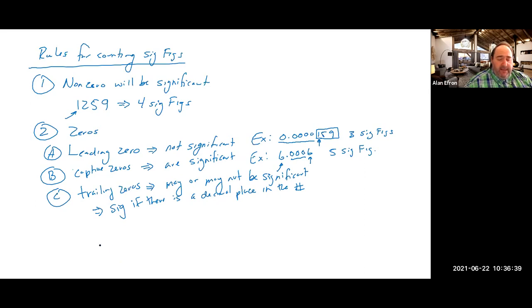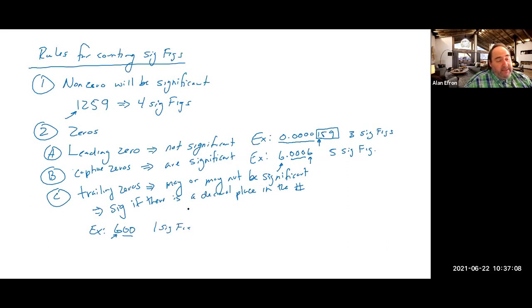So if we look at, for example, 600 written like this. This is one significant figure here. These are zeros at the end. There is no decimal point written in this number, which means this has one significant figure.